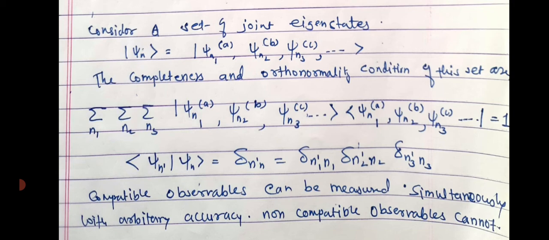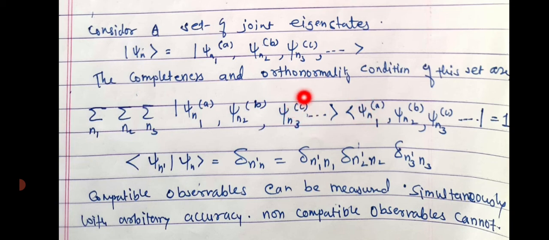Here the completeness condition is elaborated. Consider a set of joint eigenstates. Suppose ket psi n can be represented as these, which are a large number of states. The first one is psi n1 in the state A, psi n2 B, psi n3 C. So the completeness and orthonormality condition of this set is the summation over n1, n2, n3 of the corresponding vectors, ket psi n1 a, ket psi n2 b, ket psi n3 c, and their corresponding operators.